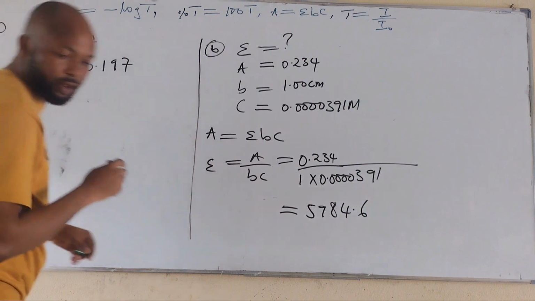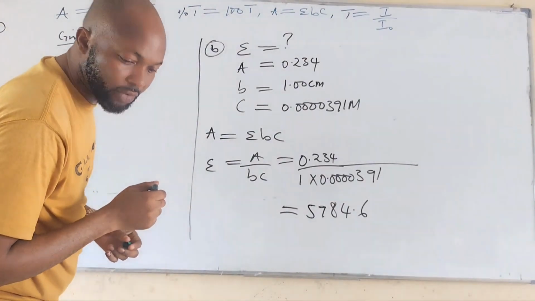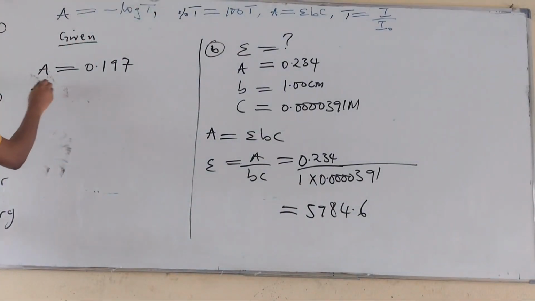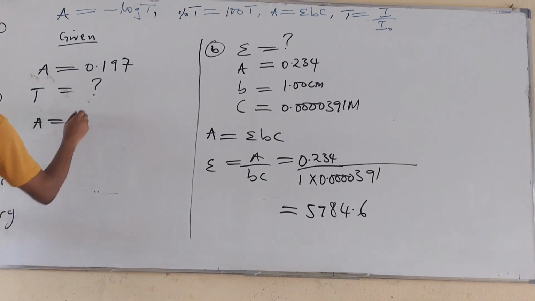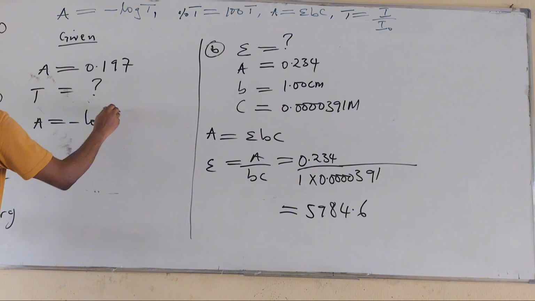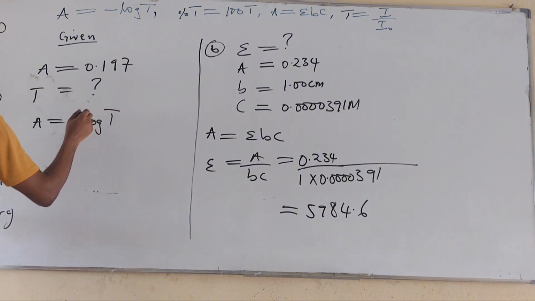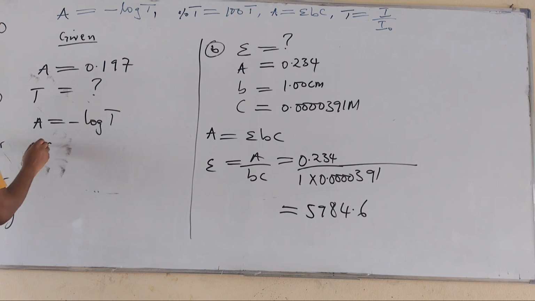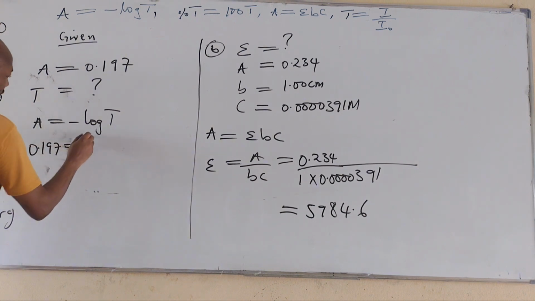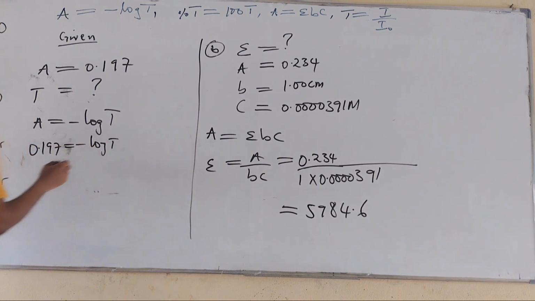What is T? We say A is equal to the negative log of T. So if A is this, 0.197 is equal to minus log of T.